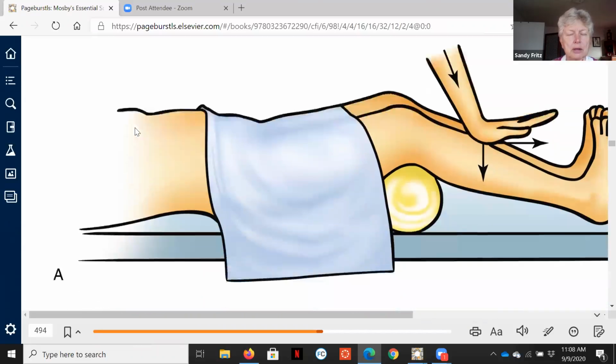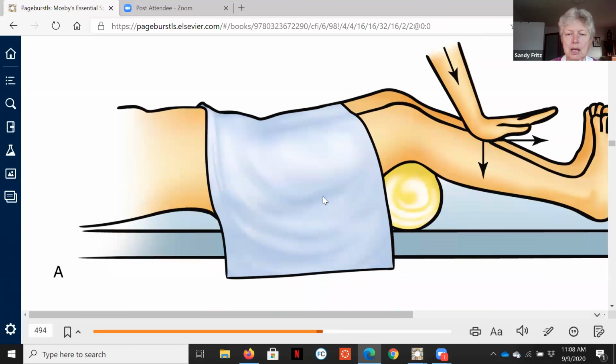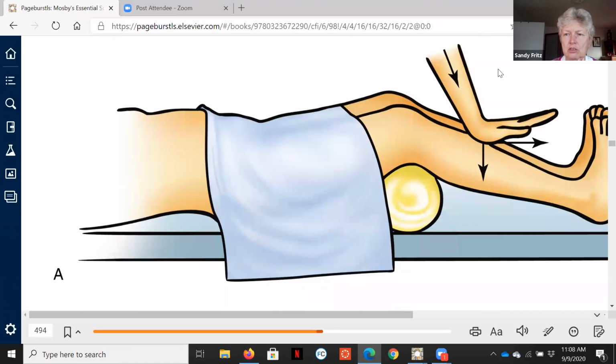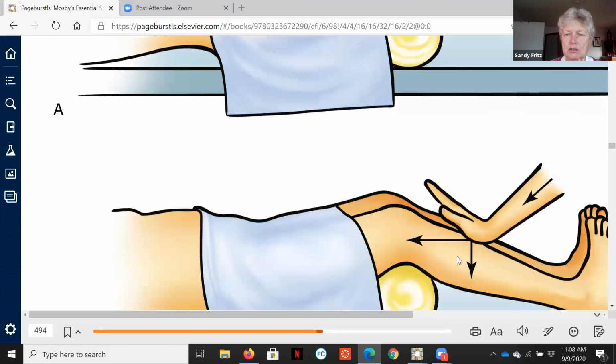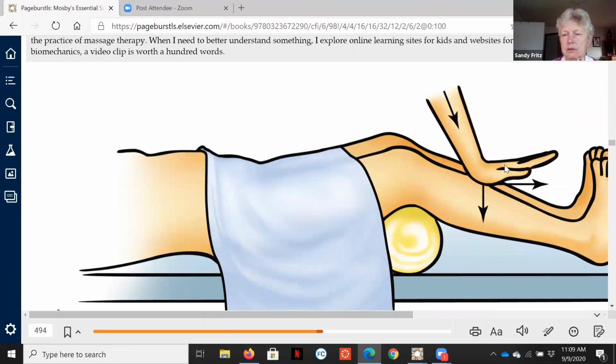And so here you may have seen this picture in Fundamentals of Therapeutic Massage, but this is talking about a vector and a direction, and how by changing the direction and the vector, it changes the force that's introduced into the tissue. Here, there's a lot of energy wasted.